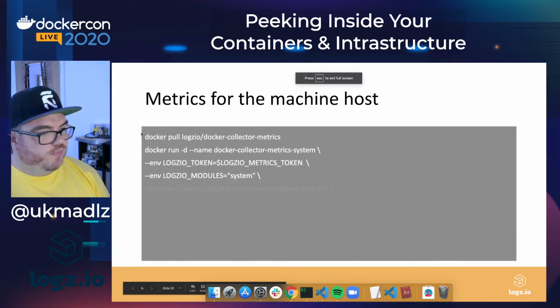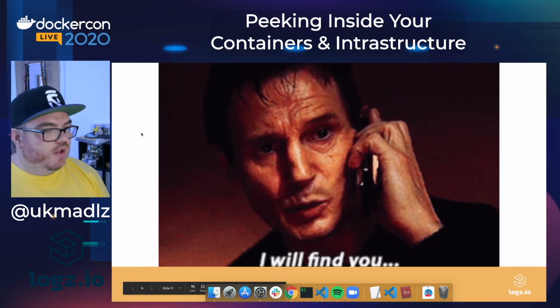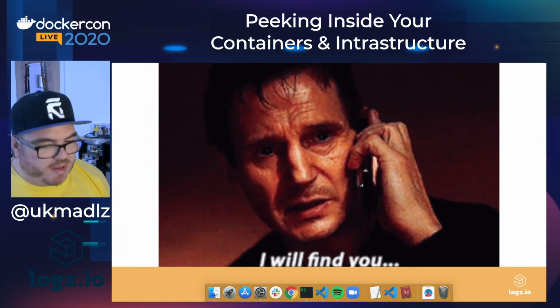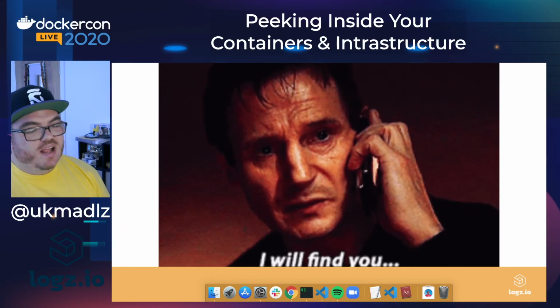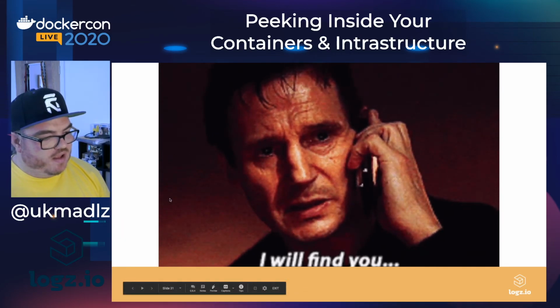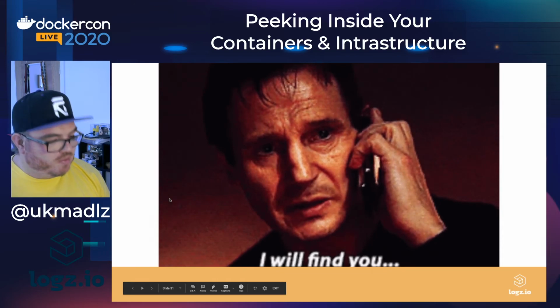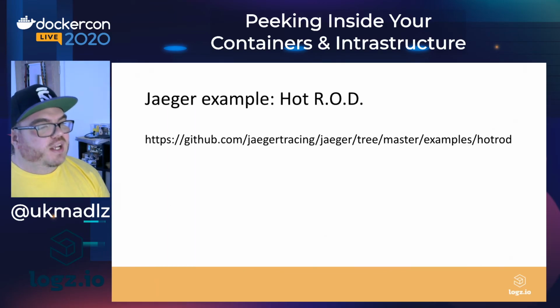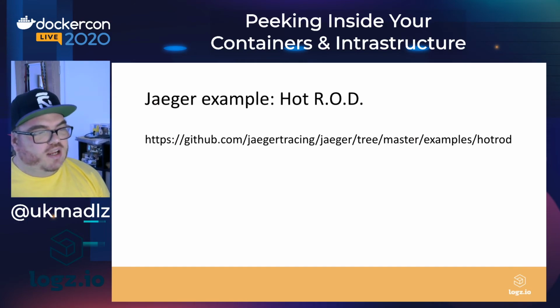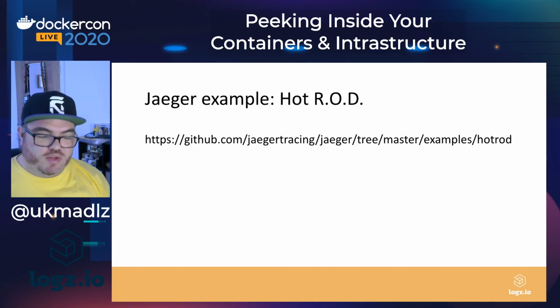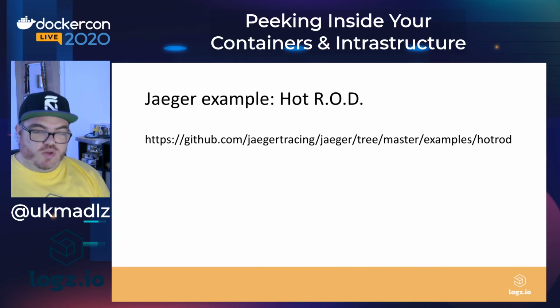Now, you will maybe be asking, where is the demo and the information on tracing? And I'm going to be honest, the best example I can possibly give you is going to the Jaeger examples and looking through the code for the odd example, as well as how it interacts with the agent, the collector, and the Jaeger UI.